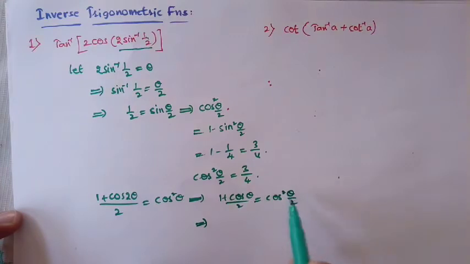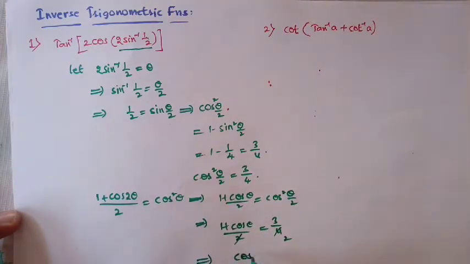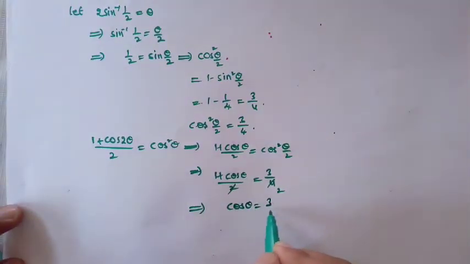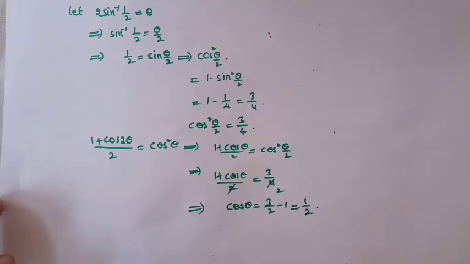Now cos square theta by 2 is equal to 3 by 4, so we make it 3 by 4 equals 1 plus cos theta by 2. So the 2 and 2 will cancel. Then cos theta is equal to 3 by 2 minus 1, which is 1 by 2. Cos theta value is 1 by 2.